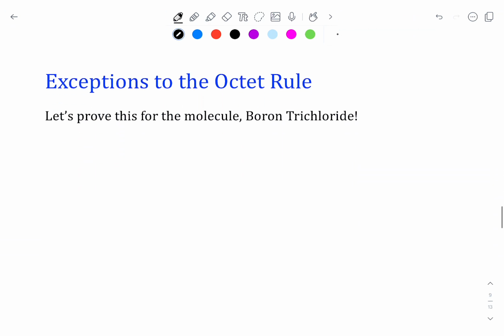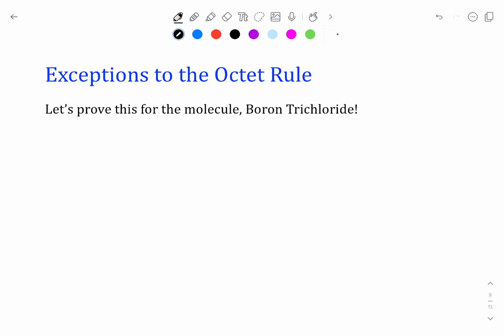So let's prove this. Let's just double check that we can prove this with our compound boron trichloride. So we have to practice our naming here. Boron on our periodic table is B. Trichloride, well, we know chloride is chlorine, so that'd be Cl, and the tri means 3, so BCl3, boron trichloride.